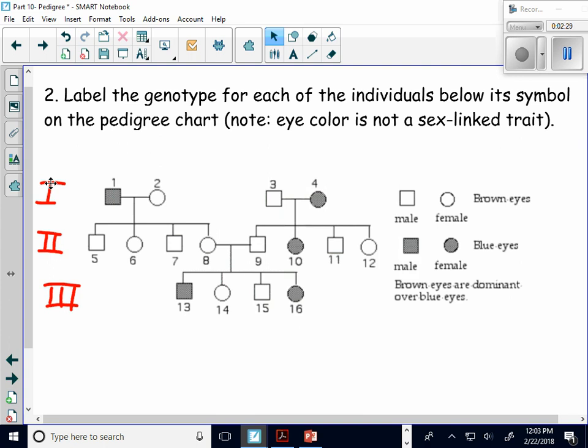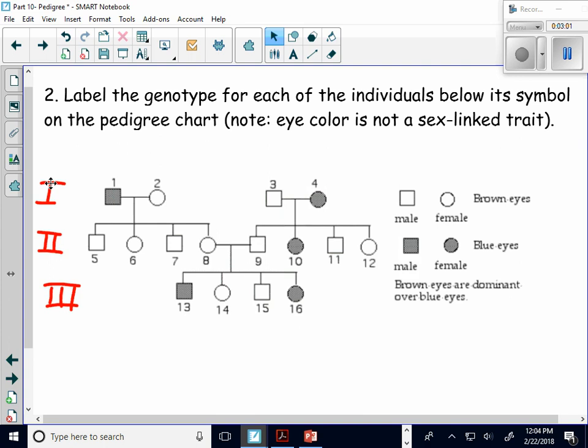How many girls? 2 boys, 2 girls. Okay. So 8 and 9 then had kids. 8 and 9 had 4 kids themselves, and of those 4 kids, 2 were boys and 2 were girls. Now, what we're doing here is we are tracking eye color.